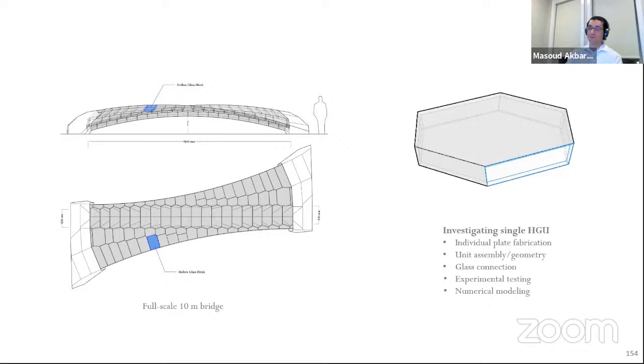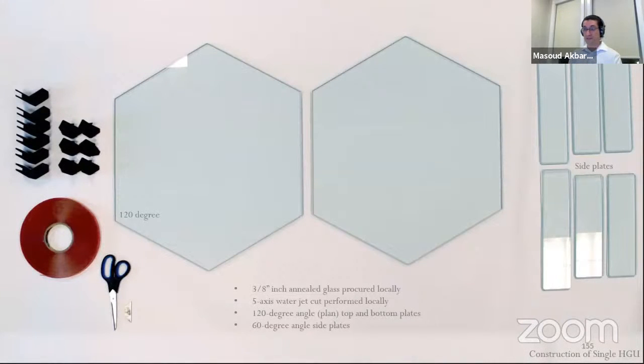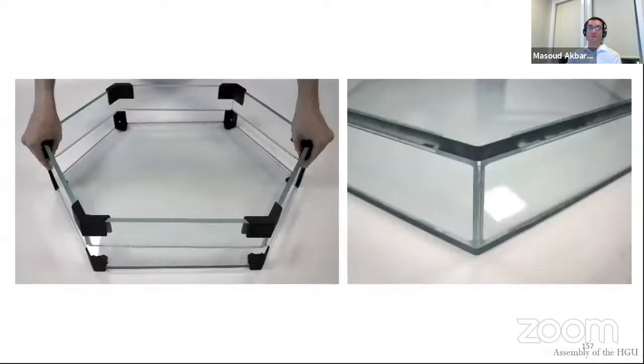So for that purpose, we are investigating the possibilities of fabricating these hollow glass units. Currently we are using VHB tape, which is a very cheap tape provided by 3M, and the 5-axis water jet machine that can cut the geometry of the glass prototypes at precise angles, and we apply these pieces, keeping the plates together in the form of a closed cell.